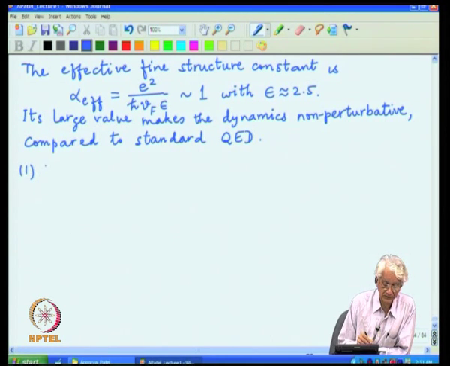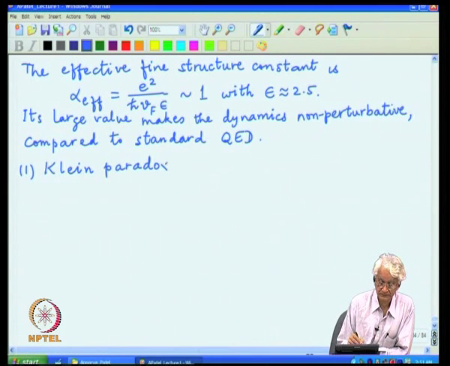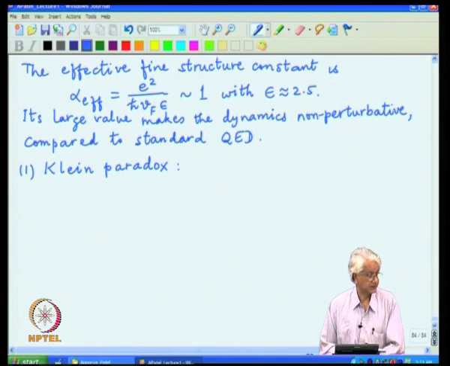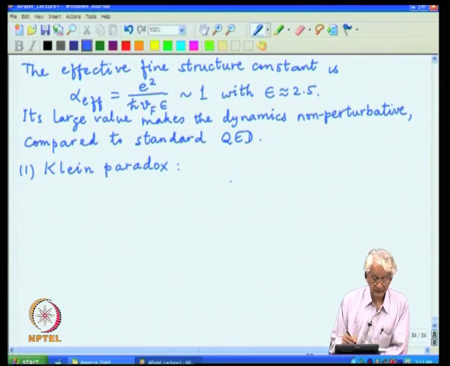So, let me first look at what happens in case of a barrier, and this was a problem which we saw in case of Klein paradox.